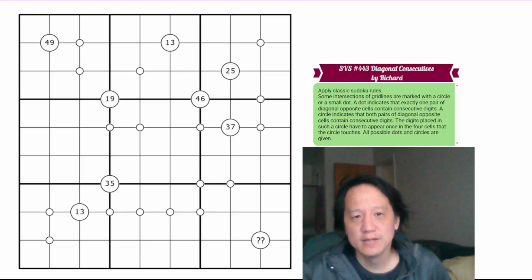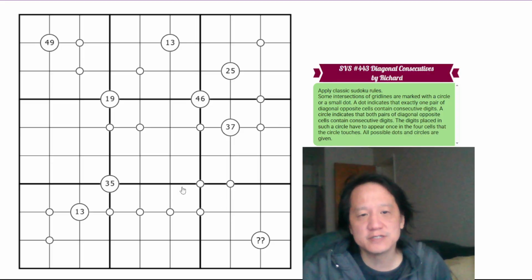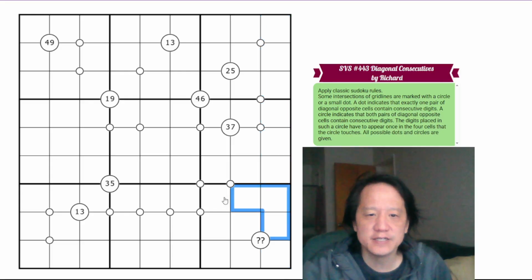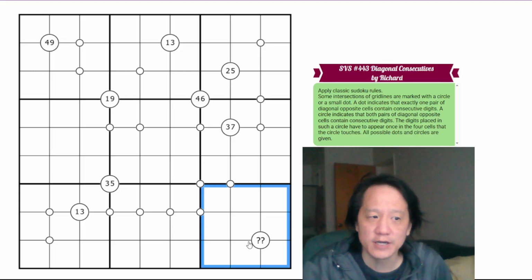Anyways, let's get to the rules. We have to apply classic Sudoku rules, which means in every cell in the grid, place a single digit from 1 through 9, such that every row, column, and designated 9-cell region, which is a box, contains the digits 1 through 9 exactly once each.